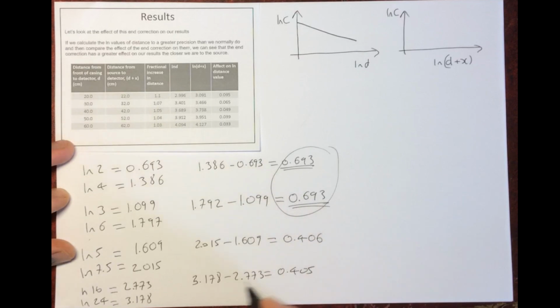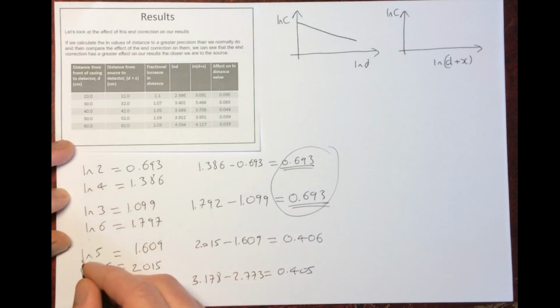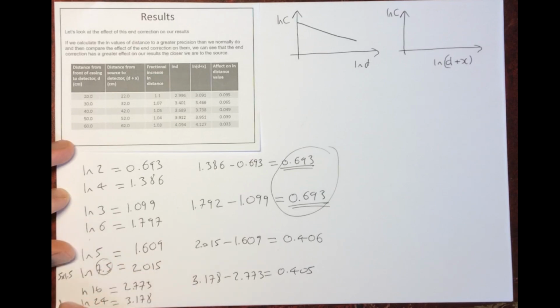0.405. Now what we're saying here is that this has gone up by a factor of 1.5: 5 times 1.5 is 7.5, and 16 times 1.5 is 24. So we're working out the natural log of a value that is 1.5 times greater than the original value.